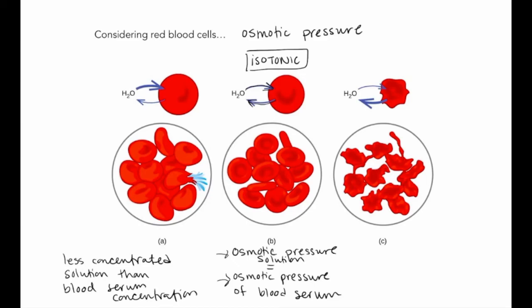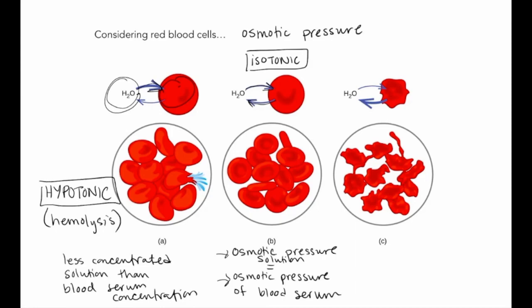Okay, we have more solvent outside the cell than inside, and so we get the flow of that solvent into the cell, and we get hemolysis. This is a hypotonic solution. Less concentrated, hypotonic solution, and the effect is going to be bursting of the cells, hemolysis. Okay.